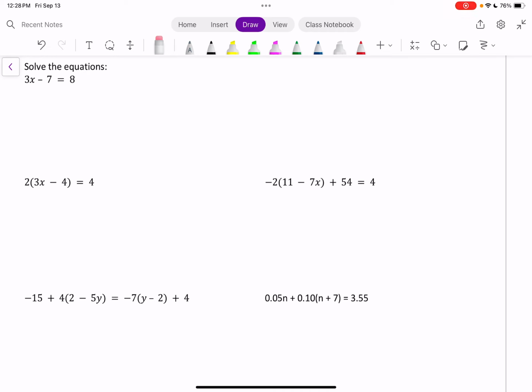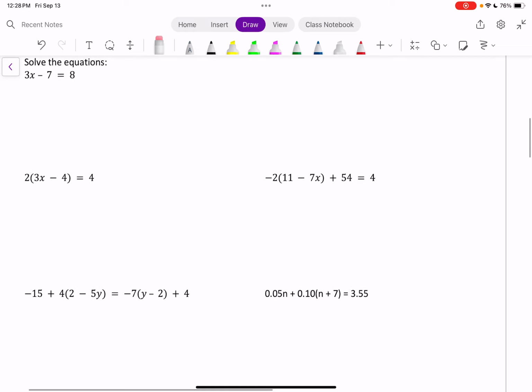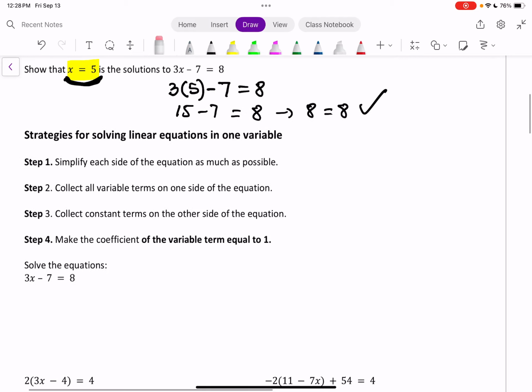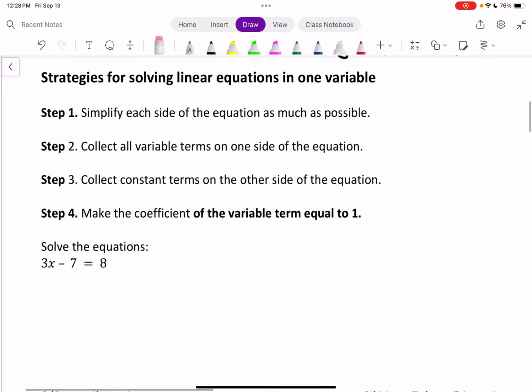So you don't see squares, square roots, absolute values, or anything funny. So these are all linear equations in one variable. How do we get to solve them? Well, here it is. There are some steps that are pertaining to solving specifically linear equations. Once we solve quadratic equations, radical equations, there will be other steps.